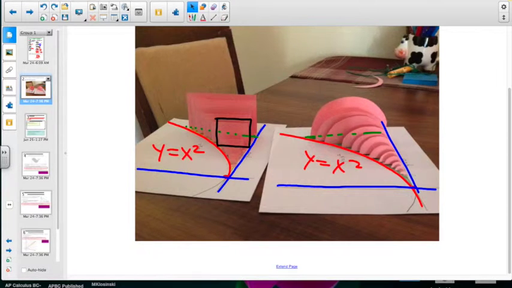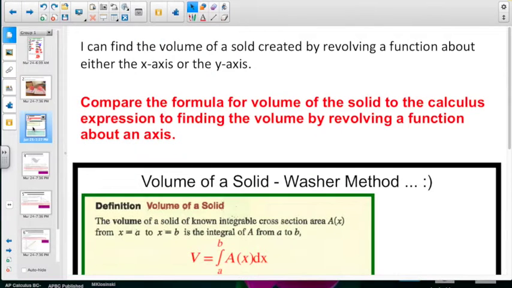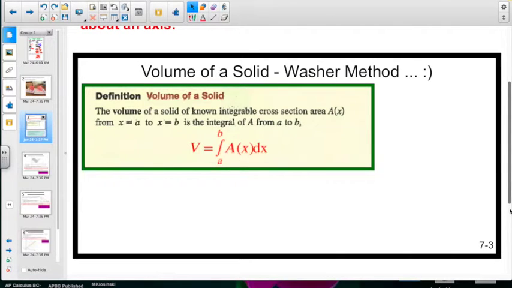We're accumulating that area across this x-axis. And accumulating that area across the x-axis is exactly what our calculus formula says. That integration formula we've been looking at all week long really does say accumulate those areas across the x-axis.